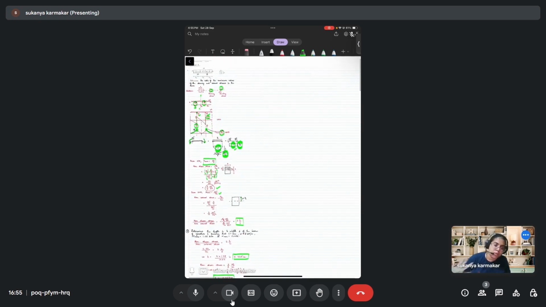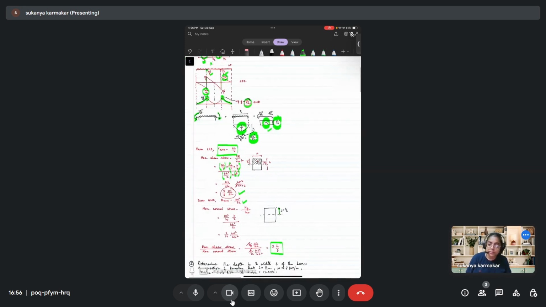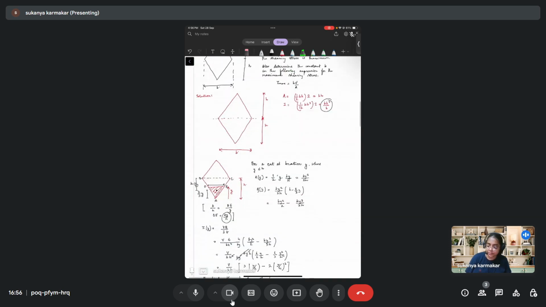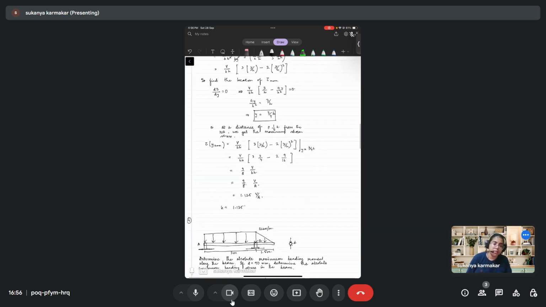If you find something which you can't understand, or if you find something is not correct, please do drop an email. My email ID is Sukanya, SUKANYAK21 at iitk.ac.in. I'll be happy to help you. If you have any doubts, you can ask.